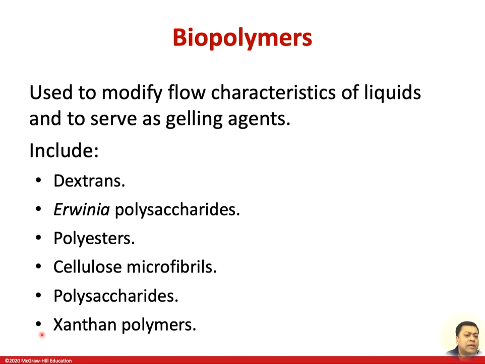Another very interesting one is xanthan gum. You have probably heard about this very commonly. Almost all food products will have that. So what is the use of xanthan gum? You already know that many individuals are sensitive to gluten, and gluten is basically a binding agent which binds many of the food products. It's like a glue of food. So instead of gluten, you can use xanthan gum to serve the same purpose safely.